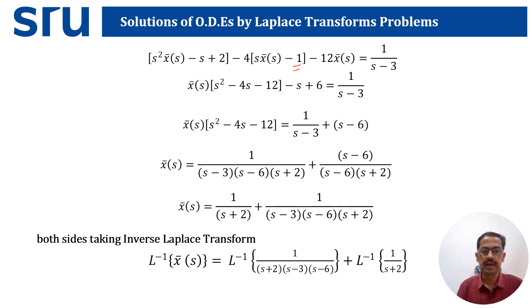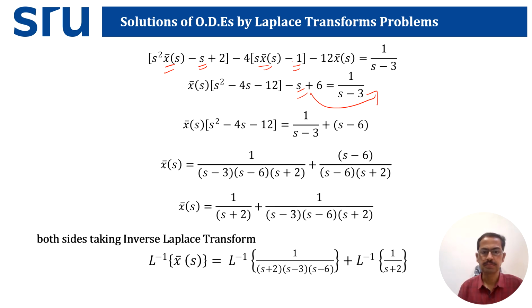Now take x bar of s out. So x bar of s times s square minus 4s minus 12, and the remaining terms minus s plus 6, equal to 1 by s minus 3. Is it right? Now x bar of s times s square minus 4s minus 12 on this side, and minus s plus 6 sent to the right side. So plus s minus 6 plus 1 by s minus 3.